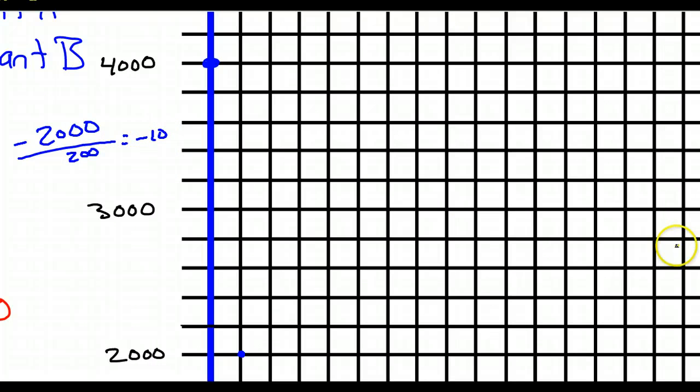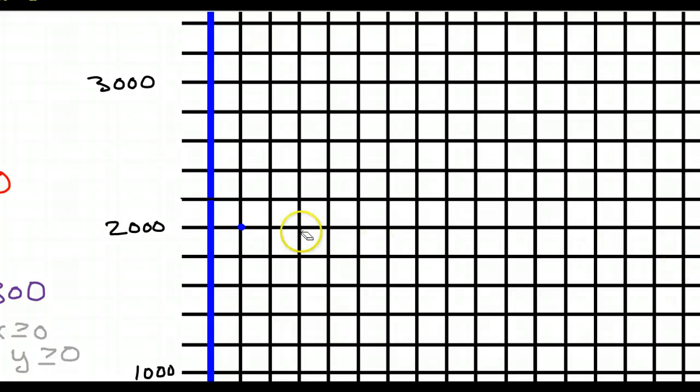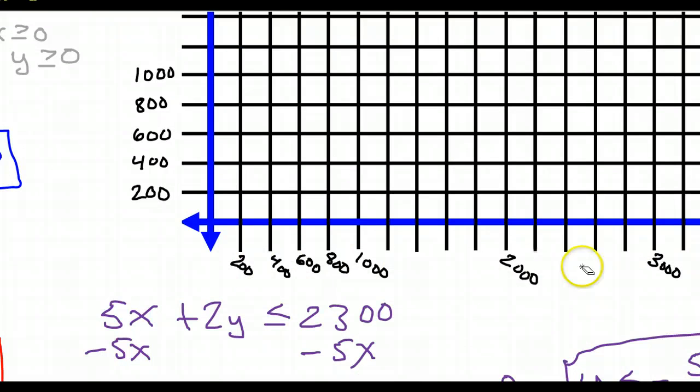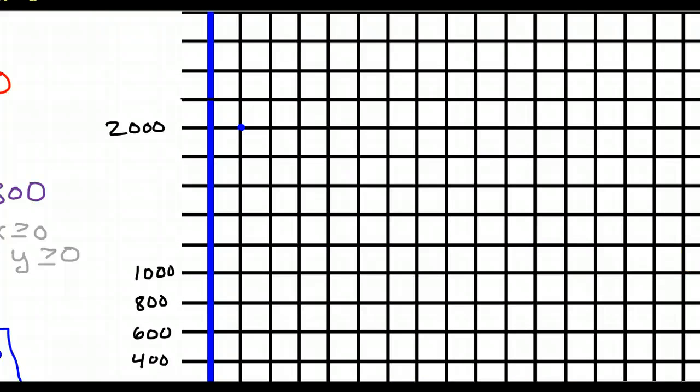So it's the same thing, same slope, so it's okay that I'm going down 10 squares and over 1 square, because it's the same slope. And you can do that as long as you use the same scale on the x-axis and the y-axis. Okay, anyway, I got to do that again.